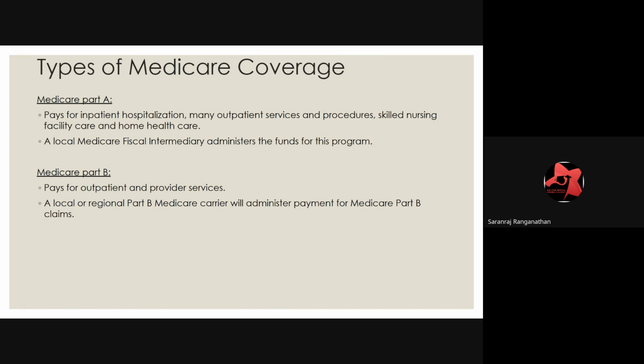Okay. Then a local Medicare fiscal intermediary administers the funds for this program. So for this, the government will give that local Medicare fiscal intermediary administrators, so they are funding.